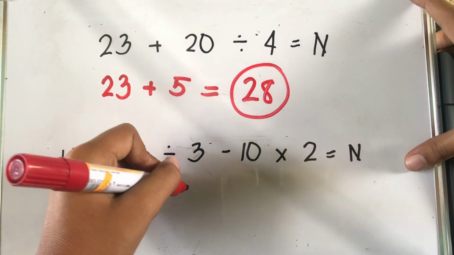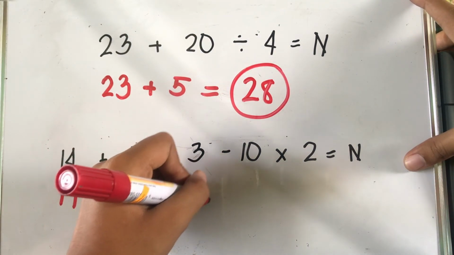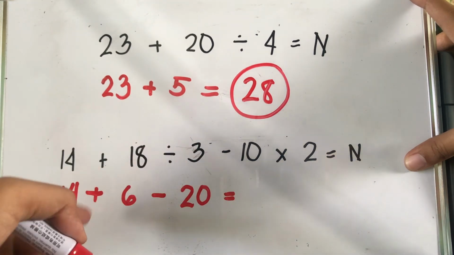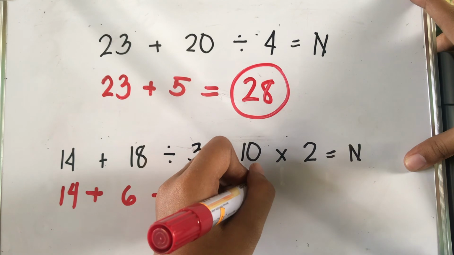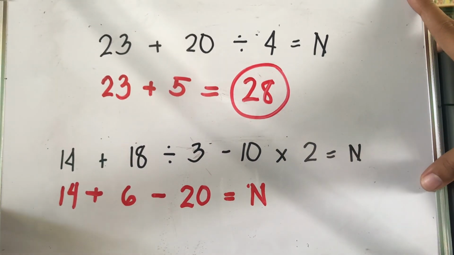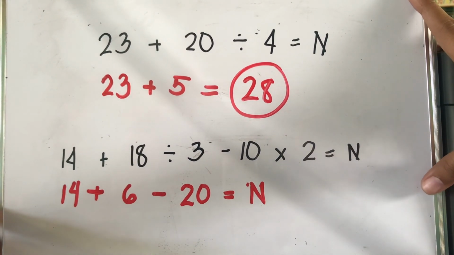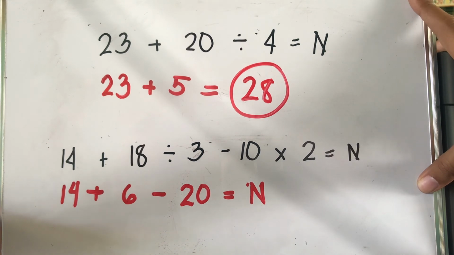So you write 20. We are not done yet because we still have operations here. Now, since the remaining operations are addition and subtraction, we will solve whichever comes first. The first operation written is addition.